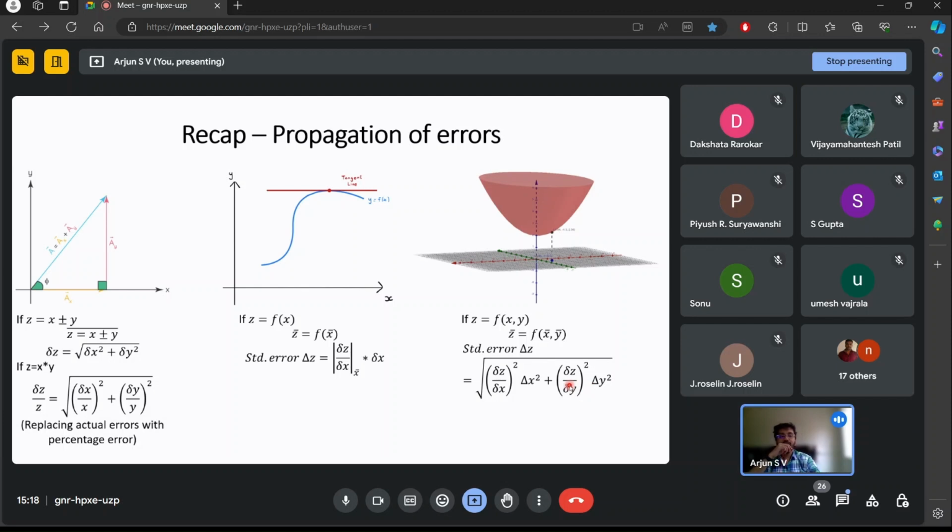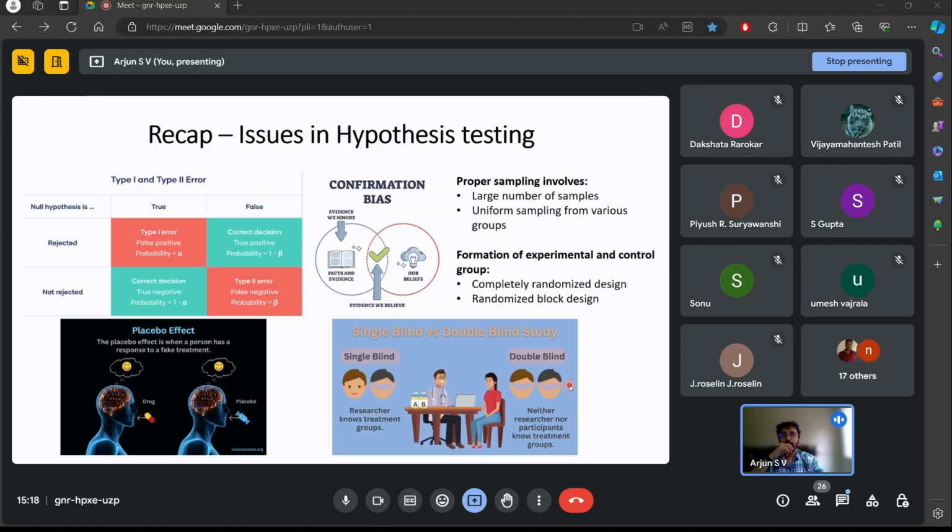After propagation of errors, there was another short topic on issues in hypothesis testing. This part of the lecture deals with various biases and how to properly set up an experiment while we try to prove and disprove hypotheses. In the earlier weeks, we saw that while solving a problem, we must come up with many hypotheses and frame experiments to disprove them one by one.